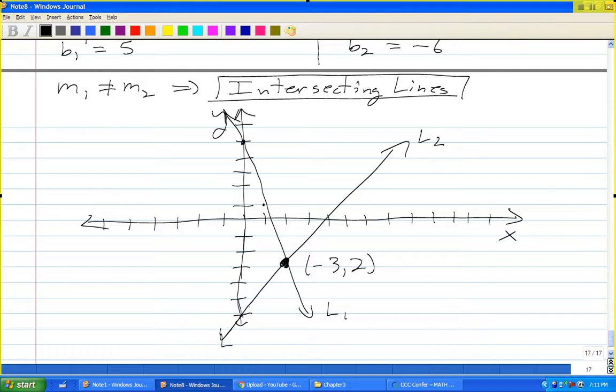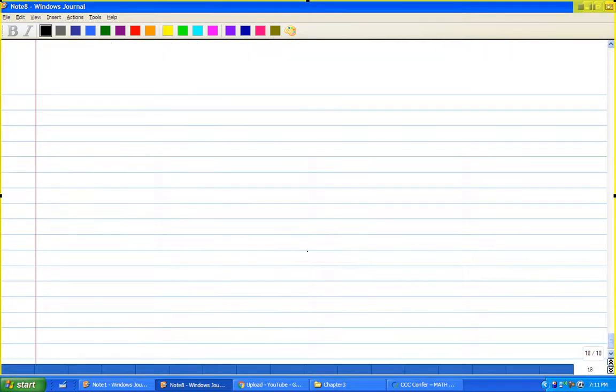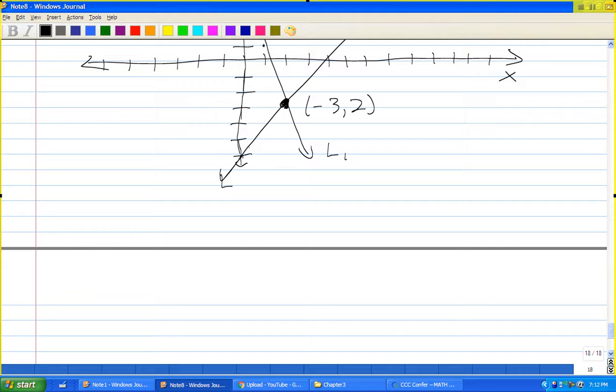So let's check if negative 3, 2 solves the first equation.